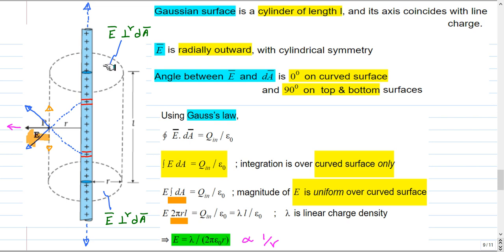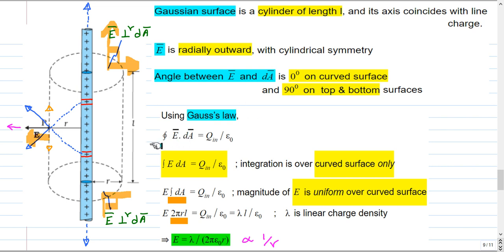But on the top surface, the electric field vector, which is radially outward, is in this direction, but the area vector is the outward normal, so it is in this direction. So the angle between these two vectors is 90 degrees. So E dot dA on the top surface is 0 because cos 90 is 0. Similarly, E dot dA on the bottom surface is also 0 because the angle between the electric field vector and the area vector is 90 degrees.